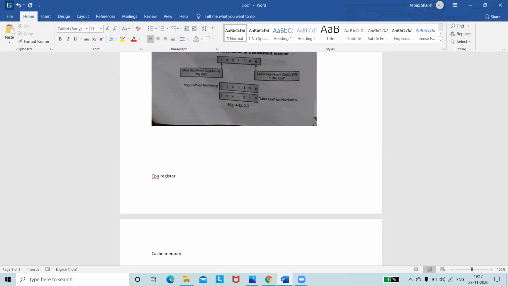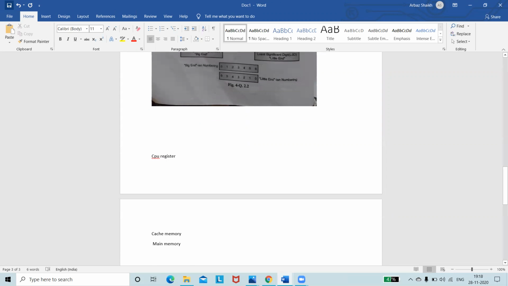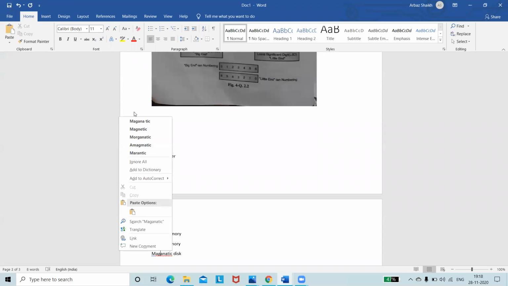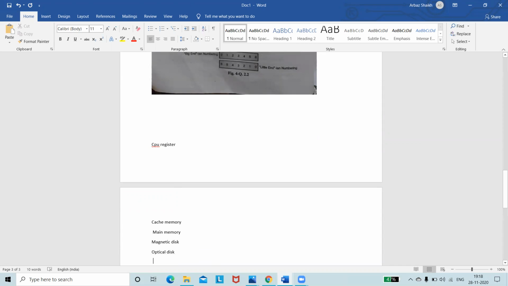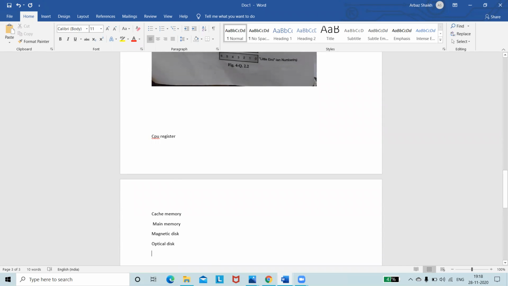Then main memory, then magnetic disk, then require optical disk. ये आपको एज ए हायरार्ची में शो करना है. Okay, I don't have a diagram here now, so I'm showing you like this.